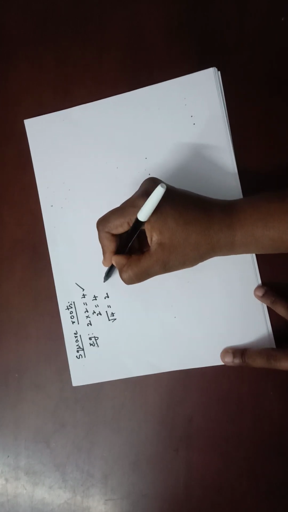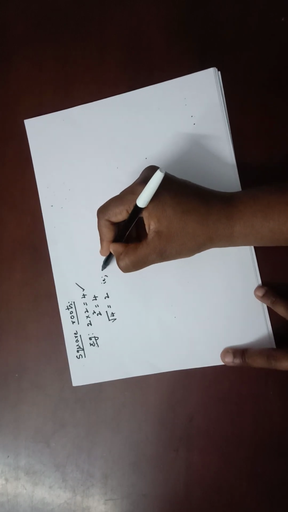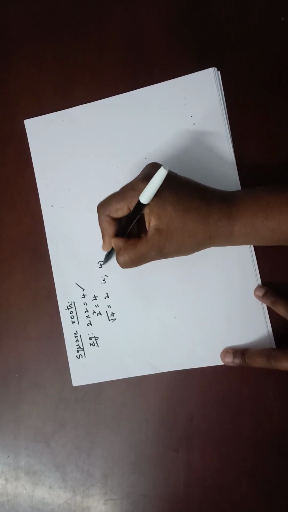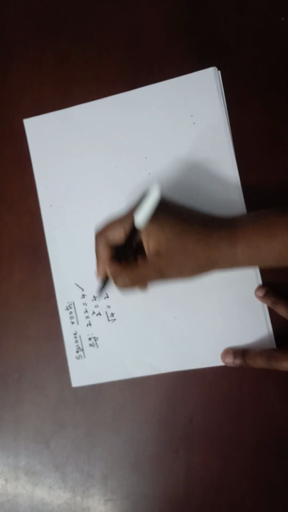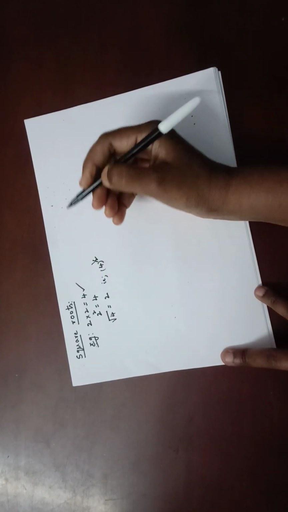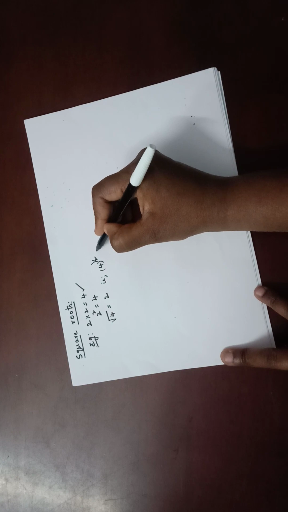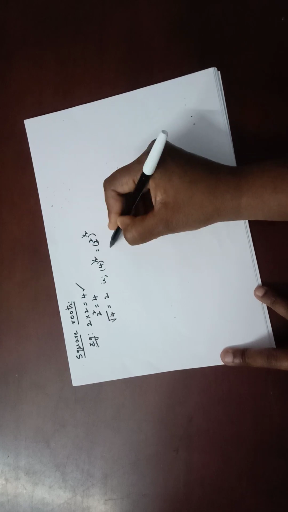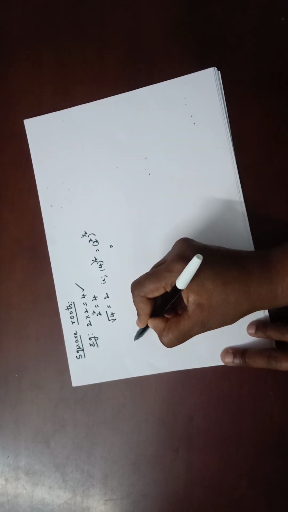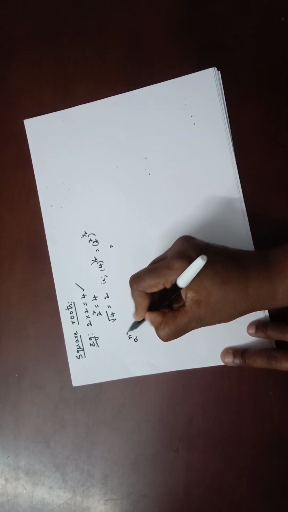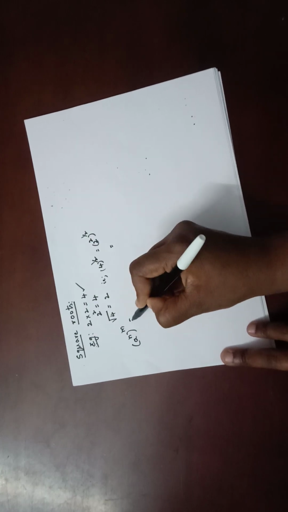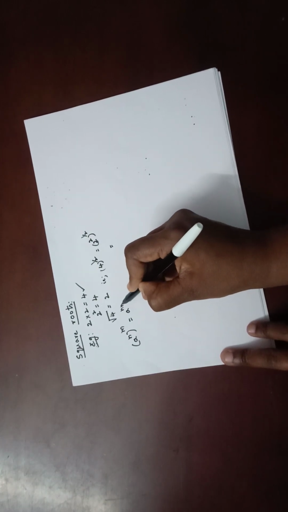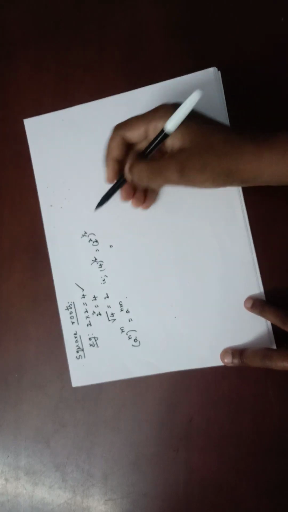That is, square root of 4, square root of means 4 to the power of half. That is the meaning. That is equal to 2. 4 I can write in the form of 2 square whole to the power of half. So you know that a power n whole to the power of m is a to the power of n into m. This is the formula.